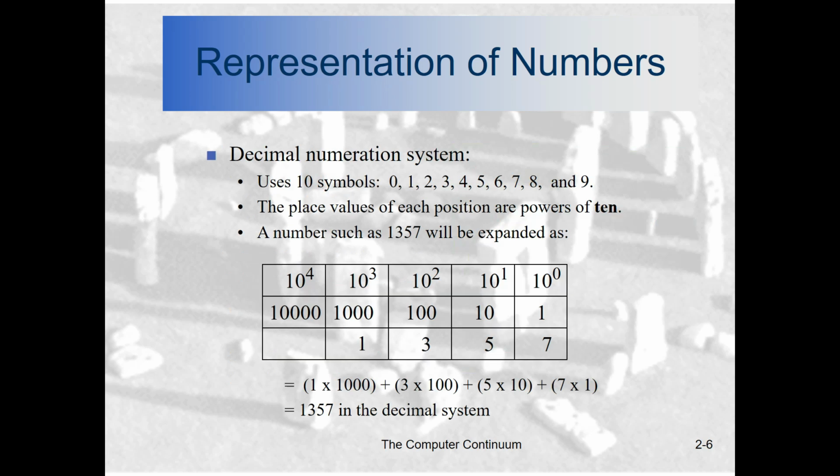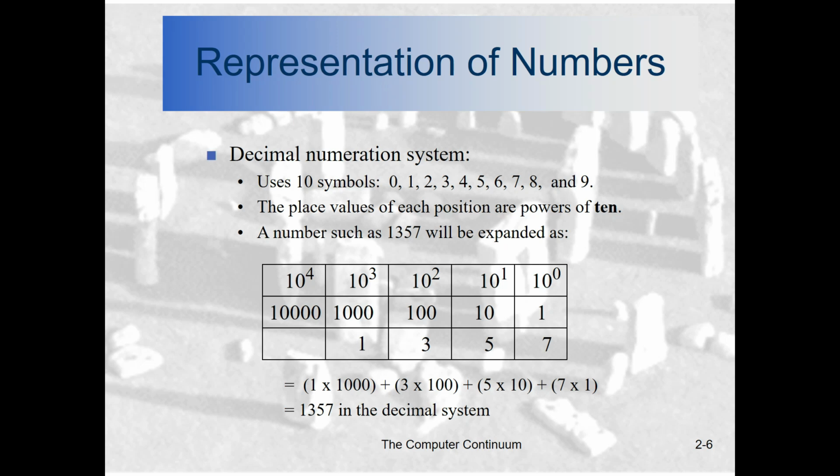All right, so here we have the decimal numeration system. It uses 10 symbols from 0 to 9. The place value of each position is a power of 10.